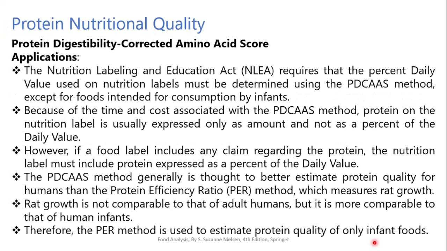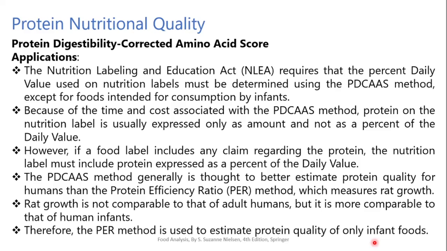Then what are the applications of protein digestibility corrected amino acid score? The Nutritional Labeling and Education Act requires that percent daily value used on the nutritional label must be determined using the protein digestibility corrected amino acid score method, except for the foods which are intended for consumption by infants, that is newly born children.